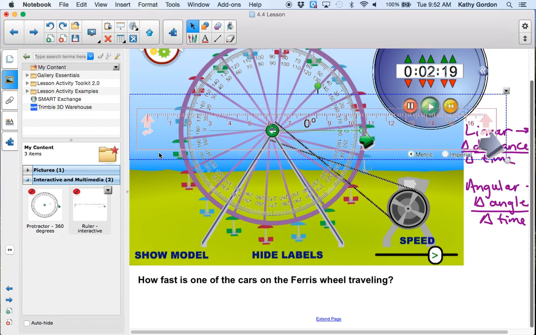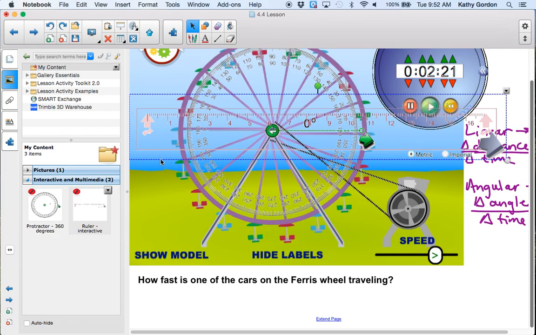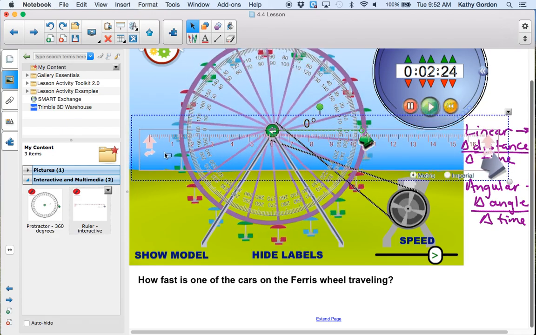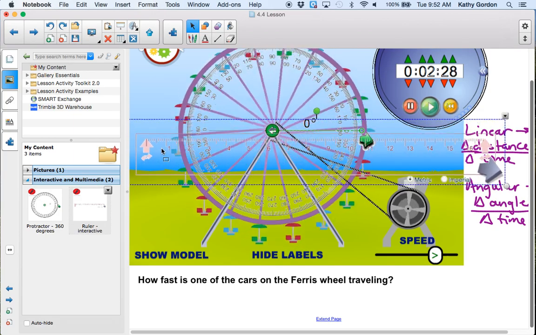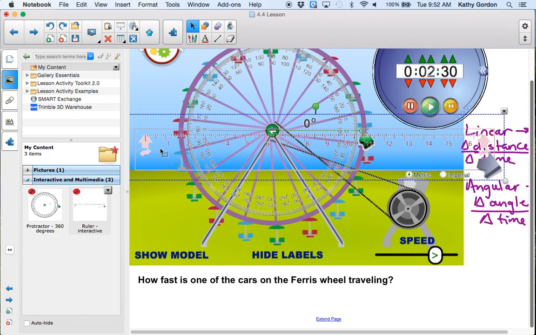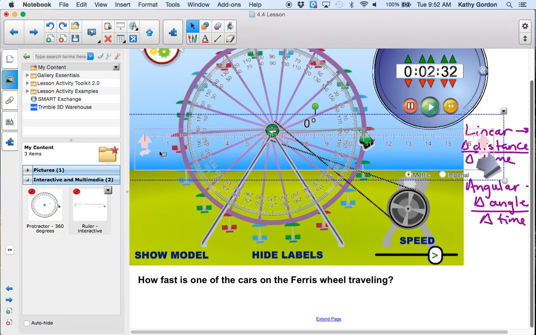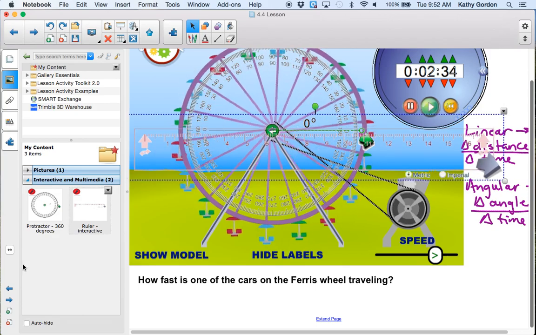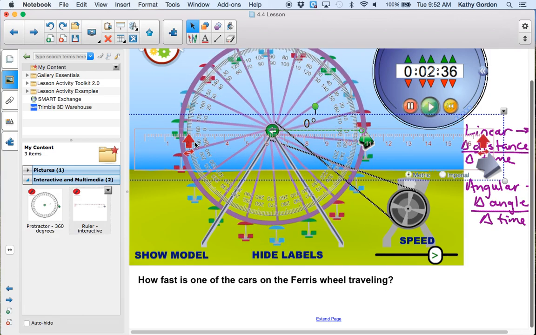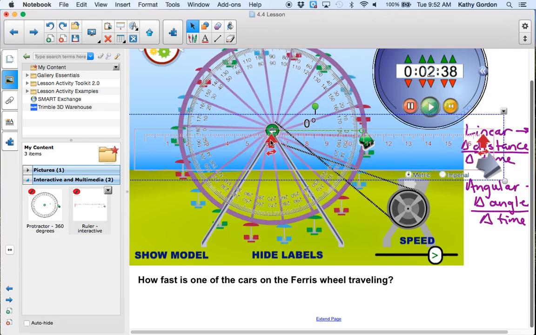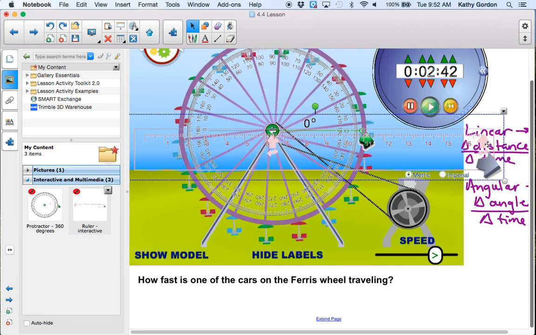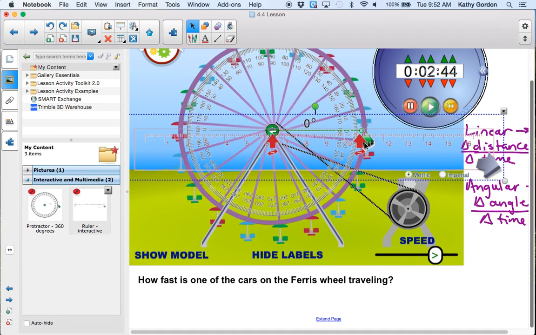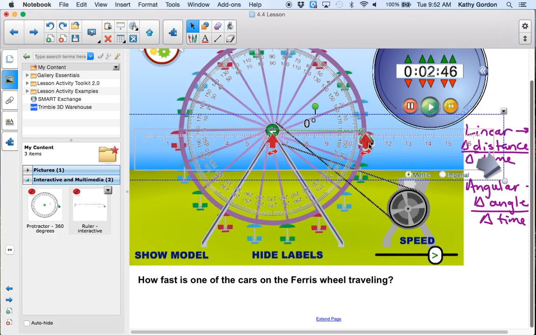All right, so here's my ruler. Drag it down here so it's in line pretty much with my diameter, right about there. Okay. So we're going from there is the center to up there.